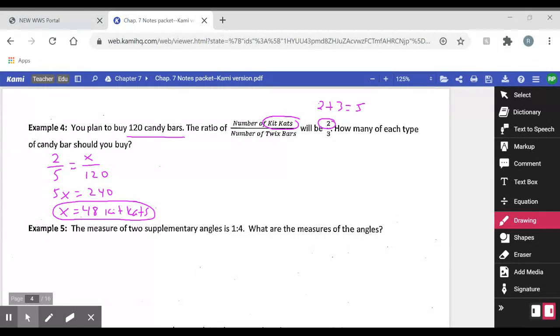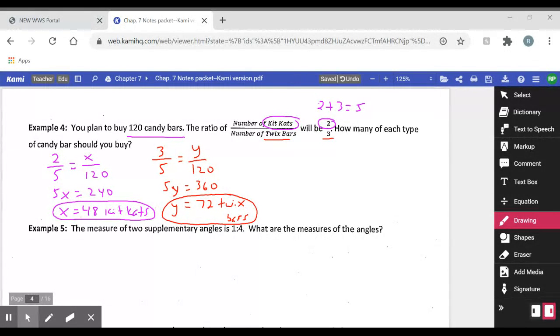I could say, okay, well, for Twix bars, there's 3 out of the total number 5 is equal to, I'll call this one y, over the total amount of candy bars, 120. If I cross multiply there, I get 5y is equal to 360. If I divide by 5 on each side, I get 72 Twix bars. Okay. So again, you sometimes have some options there.